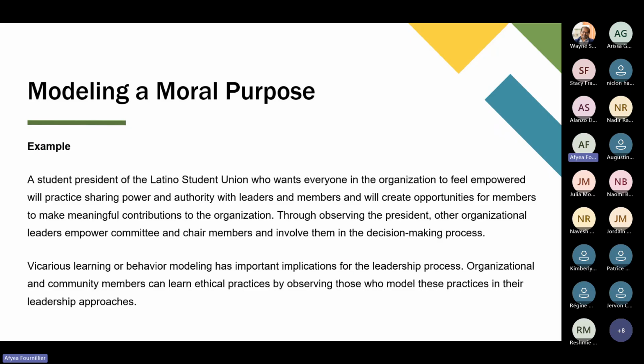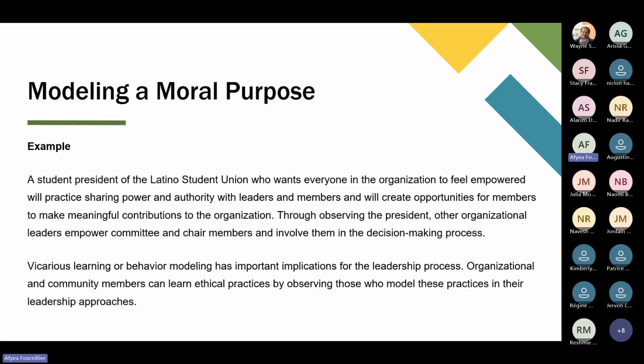A student president of the Latino Student Union who wants everyone in the organization to feel empowered will practice sharing power and authority with leaders and members and will create opportunities for members to make meaningful contributions to the organization.